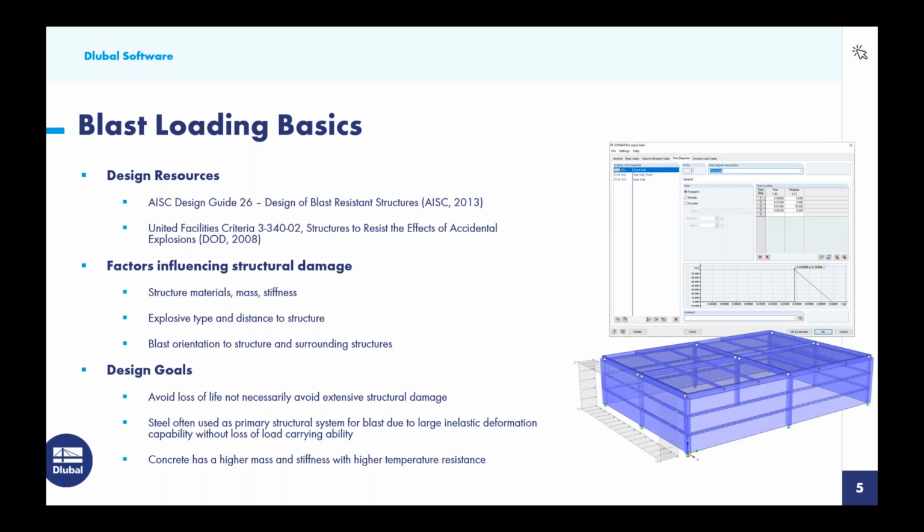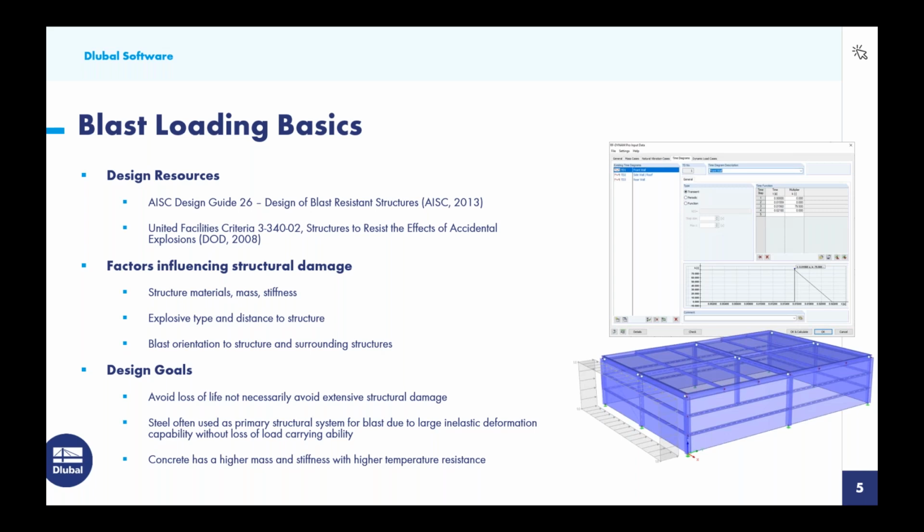Clearly, a larger explosion in closer proximity to our target structure is going to cause a lot more structural damage than what we'd see from a smaller explosion located further away. And finally, the blast orientation to the structure. Is this located at ground level? Is it up in the air? What proximity to the structure?